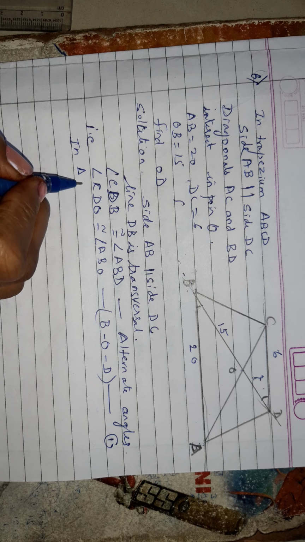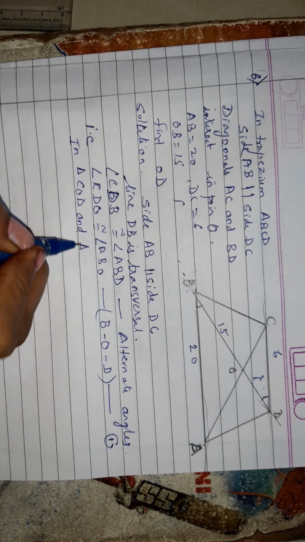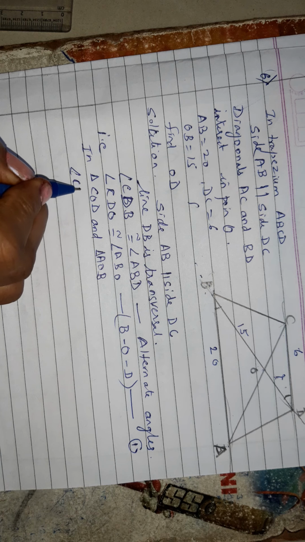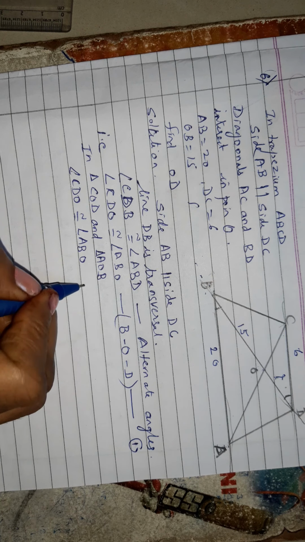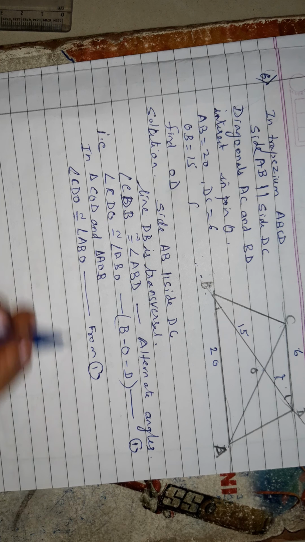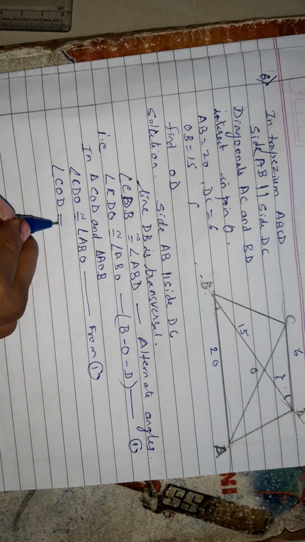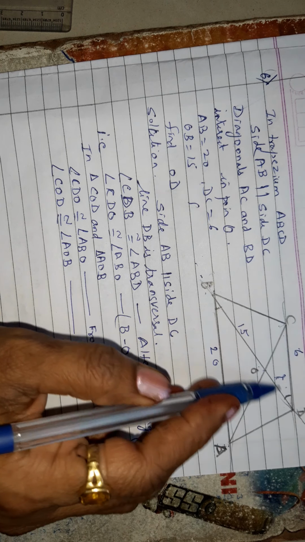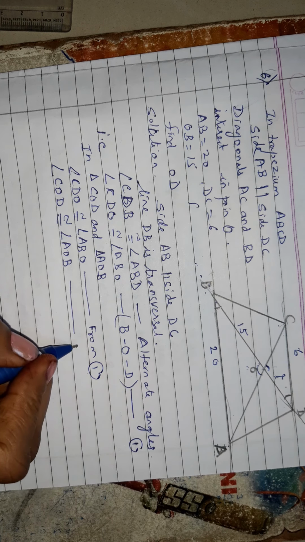In triangle COD and triangle AOB, angle CDO is congruent to angle ABO. This we are getting from equation 1. Then angle COD will be congruent to angle AOB. Which kind of angle is it? COD and AOB, if you see, they are vertically opposite.